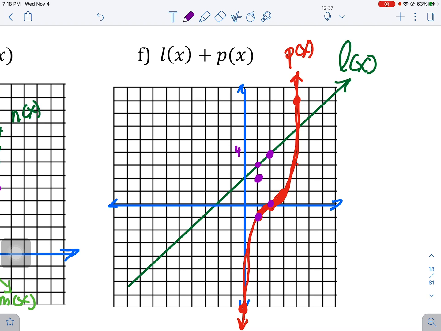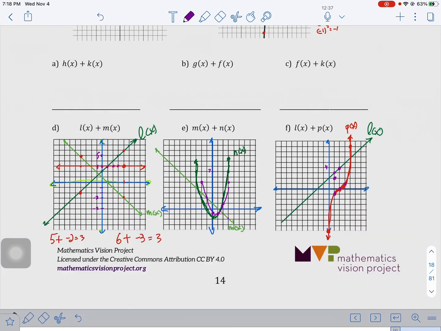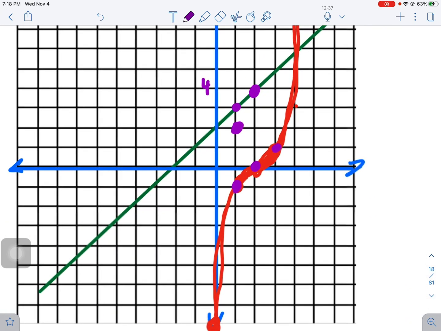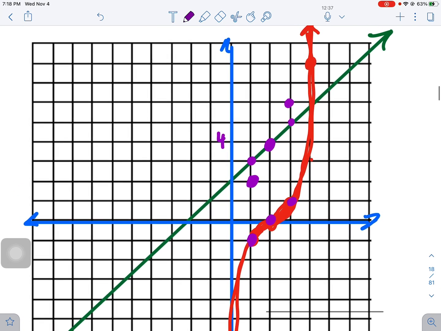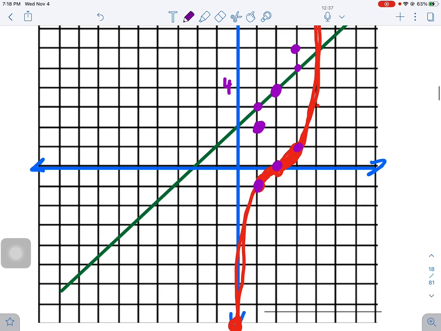Another one right here I can see is at 1, and up above it is at 5. So 1 plus 5 would be 6. And I could keep doing that, and I could see a pattern here.